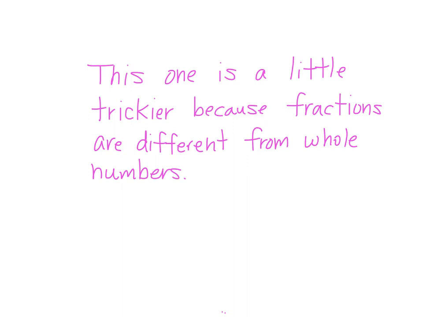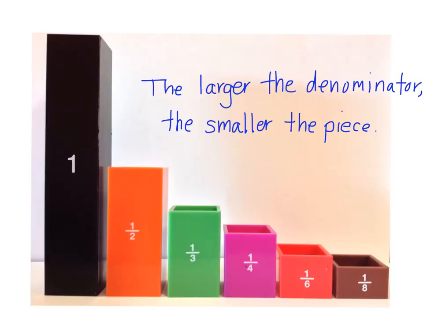If you think back, you remember when we divided a whole into parts, the more parts we divided that whole into, the smaller the part was. So if you look at these fraction stacks, you can see over on the left-hand side, I have the 1 whole bar.